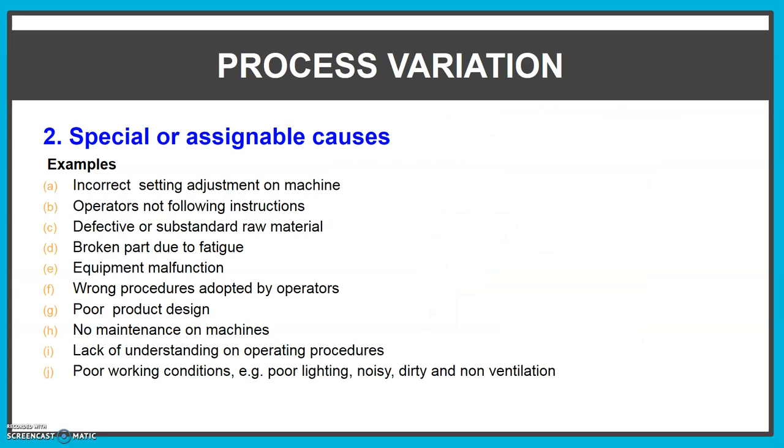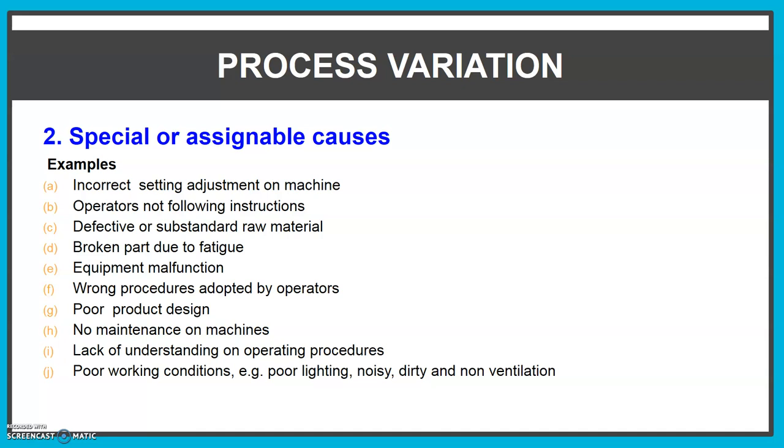Next, assignable causes. If the variation is due to assignable causes, that is a serious problem. You have to solve it now. You cannot leave it because it will destroy your production line. This is a serious cause that has to be solved immediately. First one, incorrect setting, assignment, adjustment of the machine. Operators don't follow the instructions.